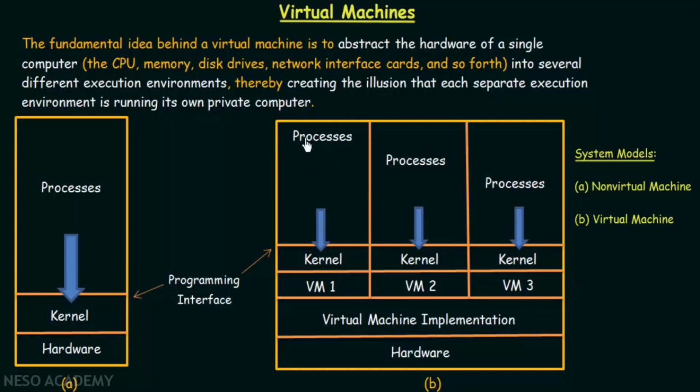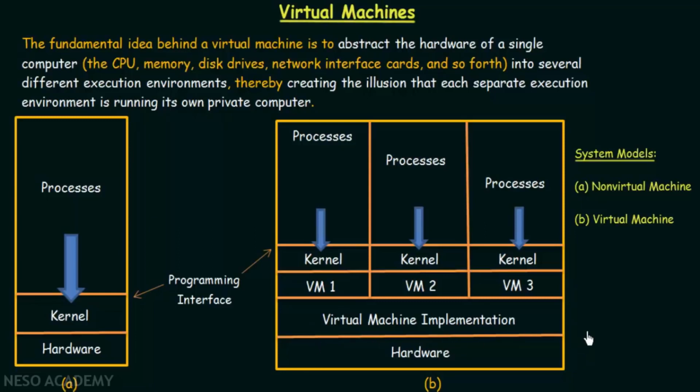So in reality we have just one physical hardware, but on top of that, by having this virtual machine implementation, we are able to have three different execution environments in this example. Let's say you have your hardware in your physical system, and you have your main Windows operating system installed.